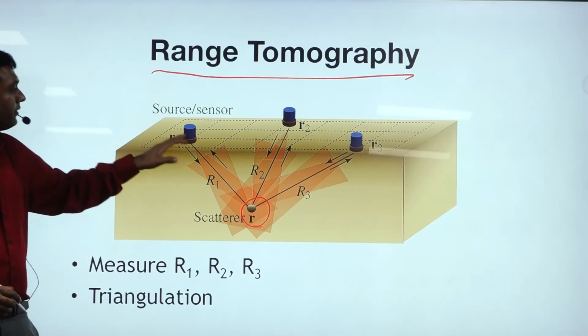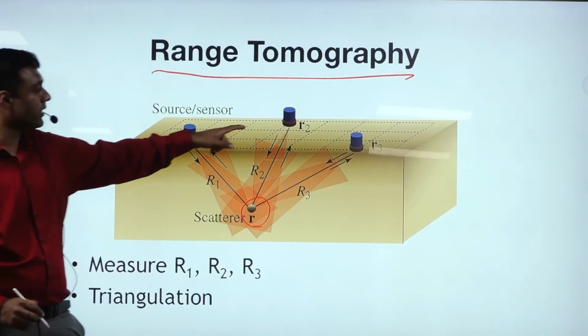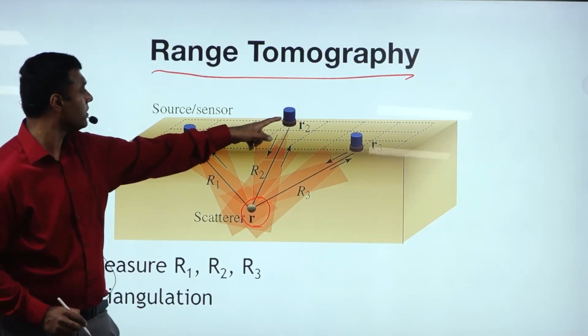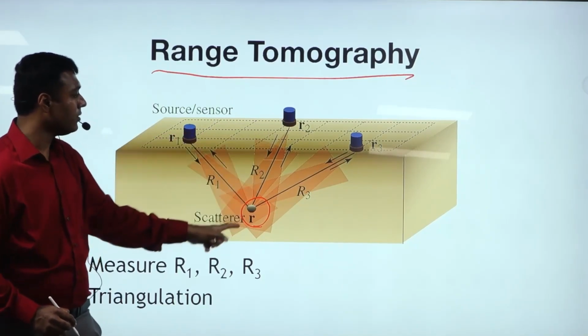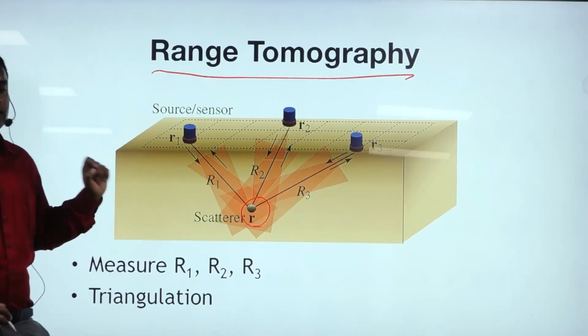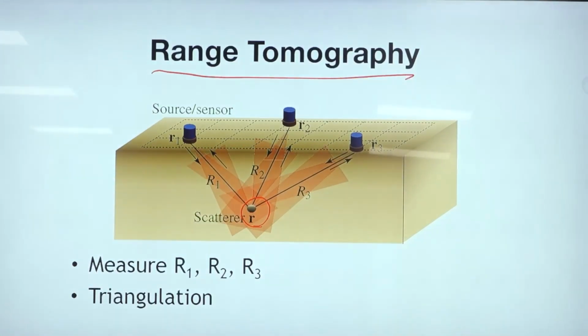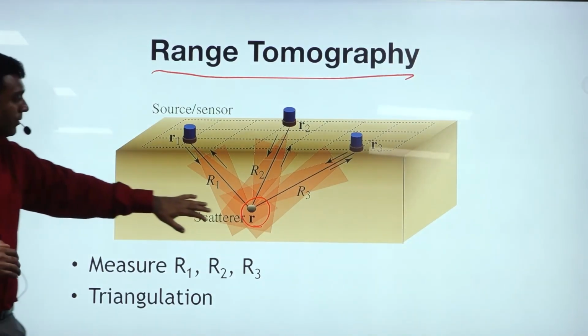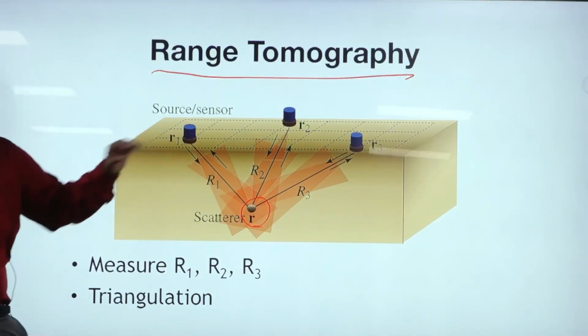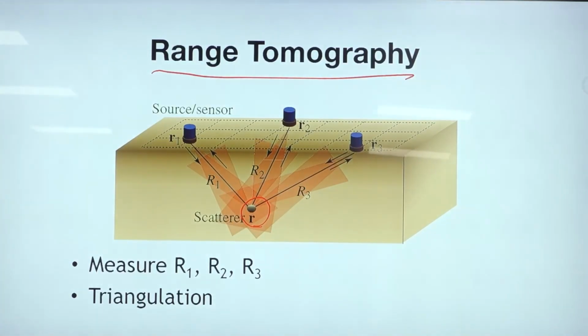Okay, and at location R1, then have a sensor and source, and sensor here at R2. We send and get back the signal, and at location R3 send a signal, get back the signal, and so basically we'll do this at a few different locations. If we just have one point and say three different locations, then through a process of triangulation, you can figure out where the object is, right?